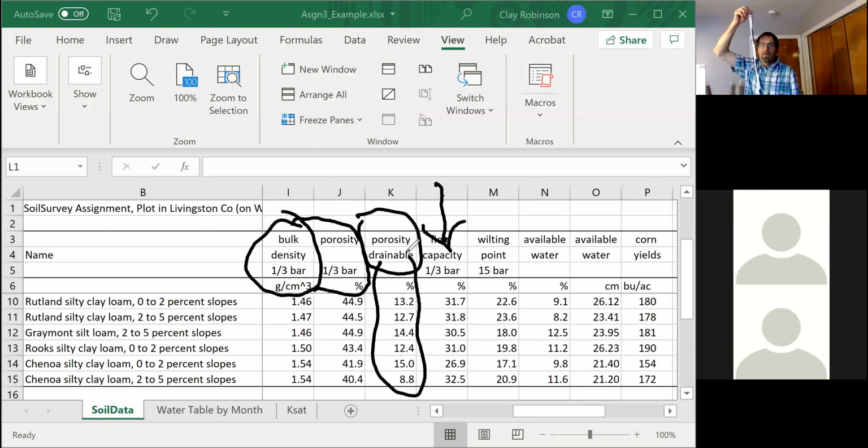And we saw earlier in the examples that if I took out 6 centimeters of water in that sand, I lowered my water table by about 26 or so, 30 centimeters.